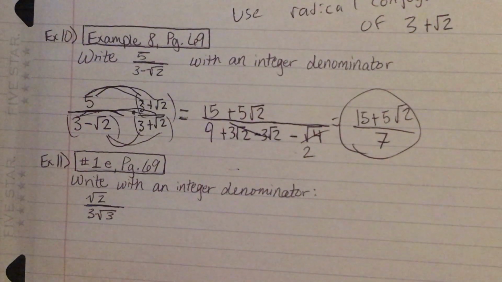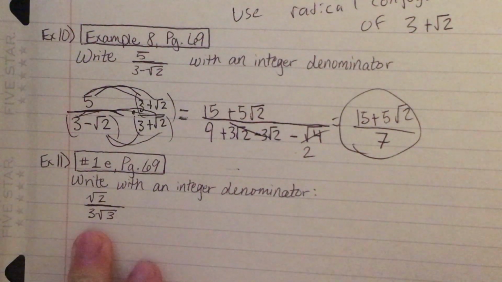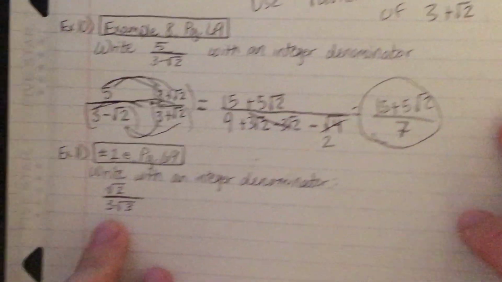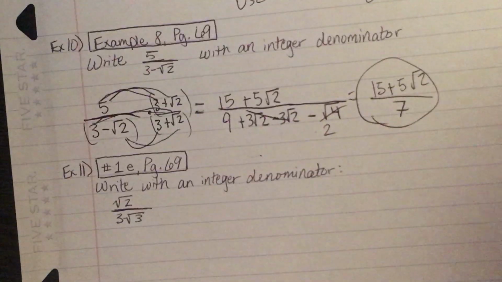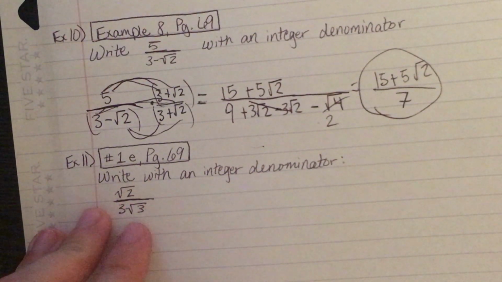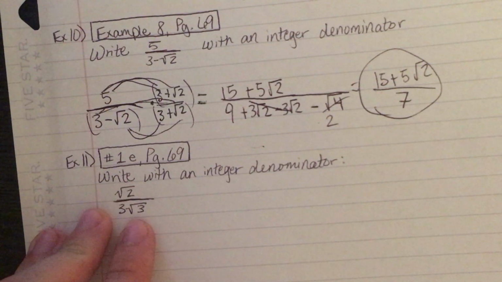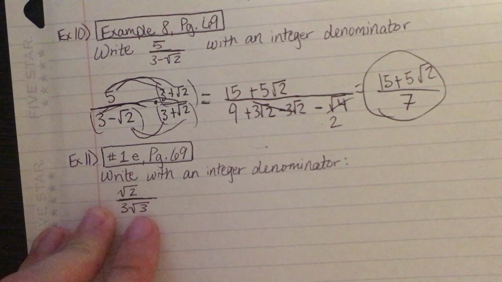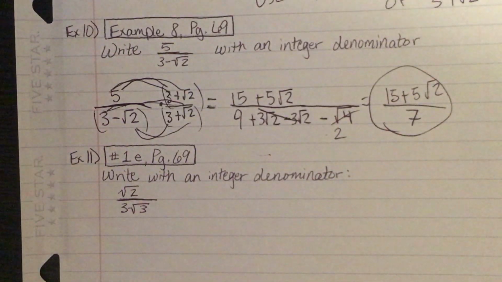I don't know why I included this last problem here, but you know what, I'll do it again real quick just to round us out. The issue with this one, this isn't a radical conjugate problem. This is just a simple case where we've got a radical in the denominator, and that is our issue.